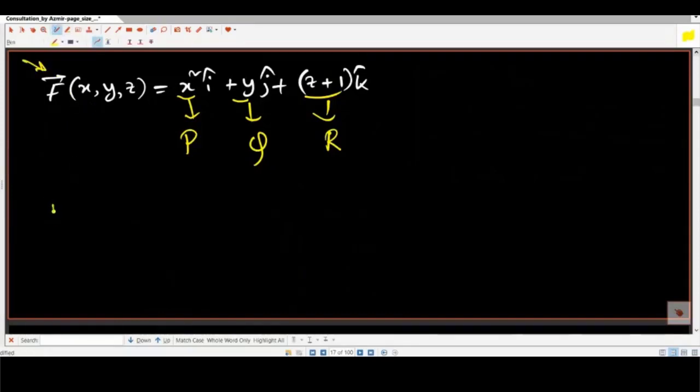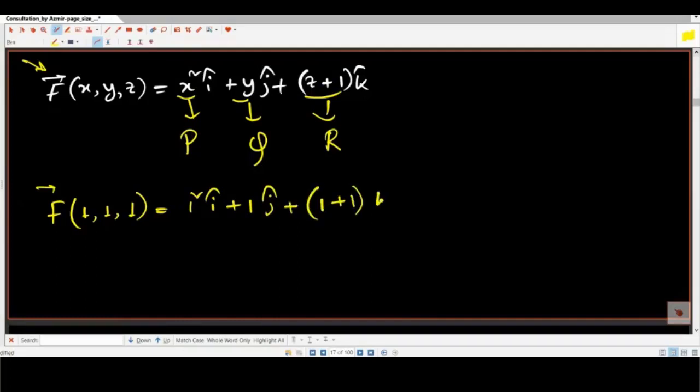Let's say we are going to input x as 1, y as 1, and z as 1. So if we input the values here, we get 1 squared i plus yj, the value of y is 1, so 1j, plus z plus 1 k, where z is 1.